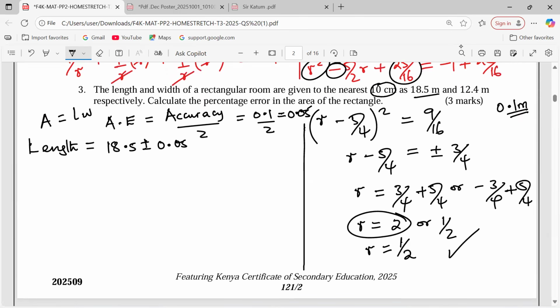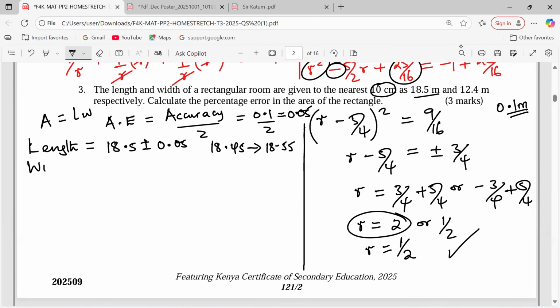when we subtract, 18.45, up to the maximum value, which is when we add, so 18.55 meters.